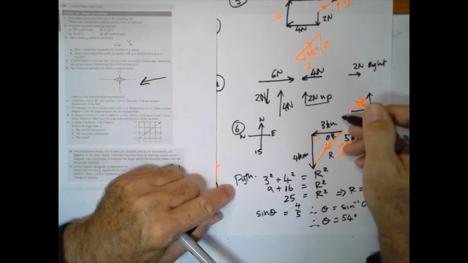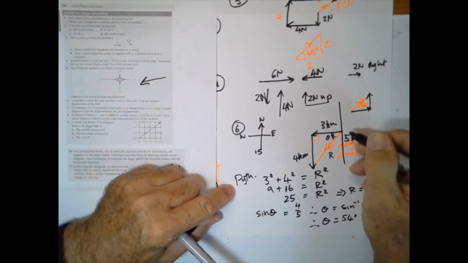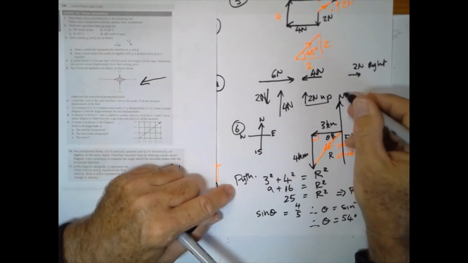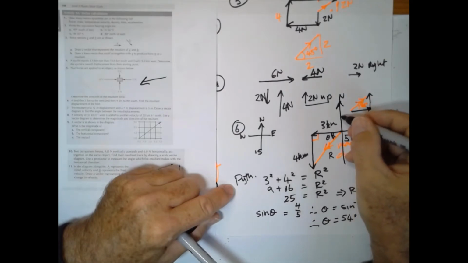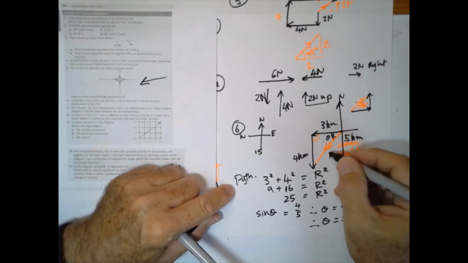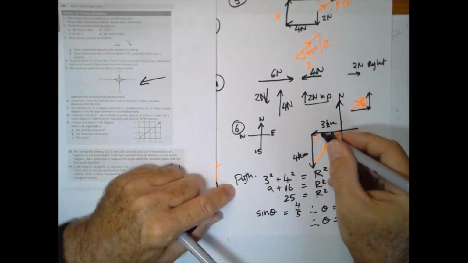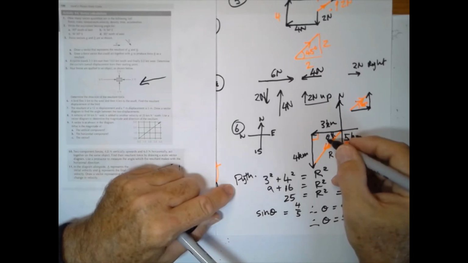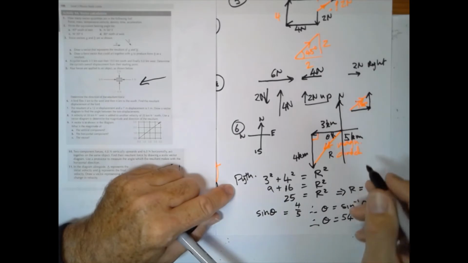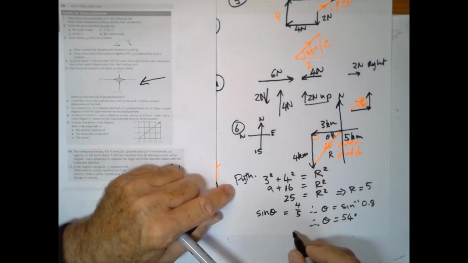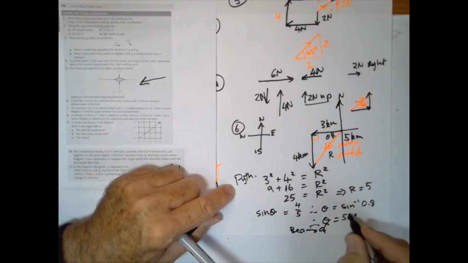So let's have a look at our bearing. That's north. This is 270 minus 54, which means that is a bearing of, wait, 53 degrees.